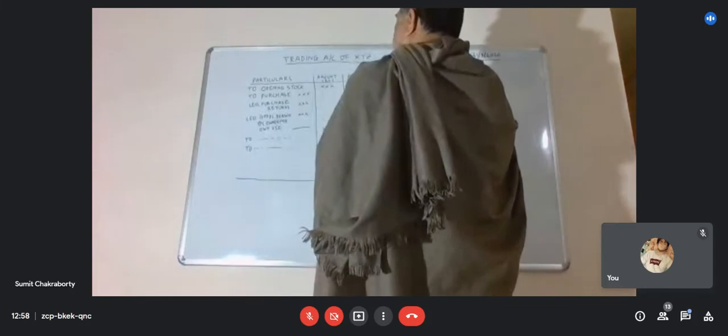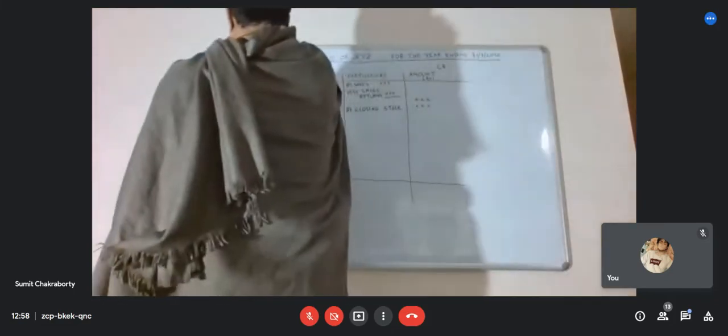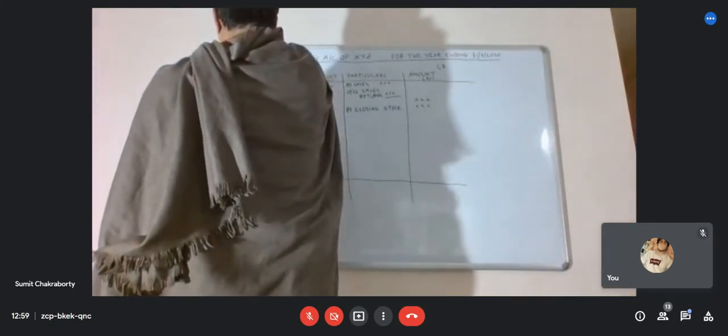Never forget to put debit and credit: credit on the right hand side and debit on the left hand side.